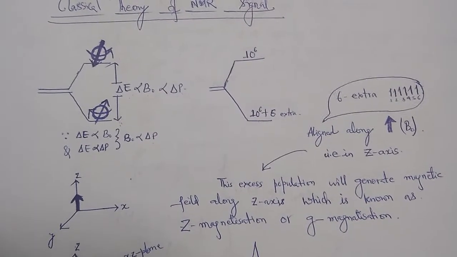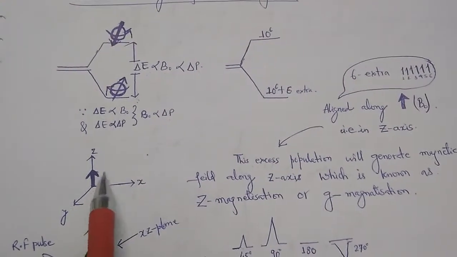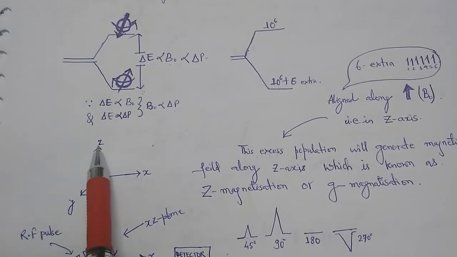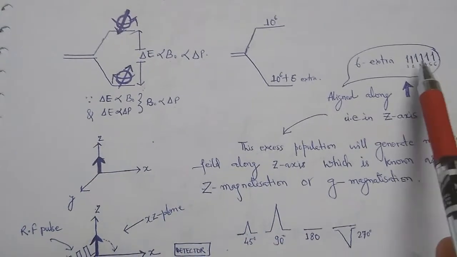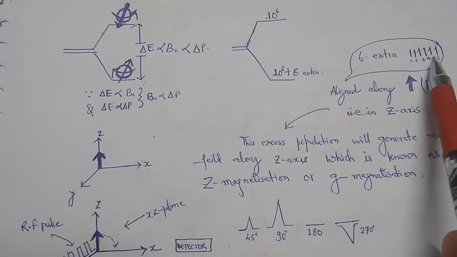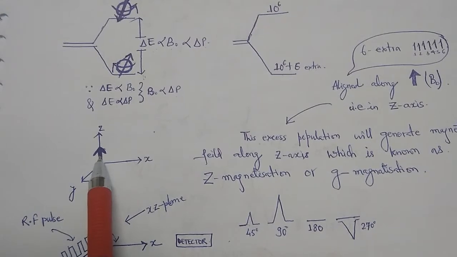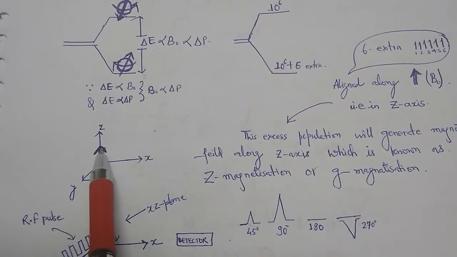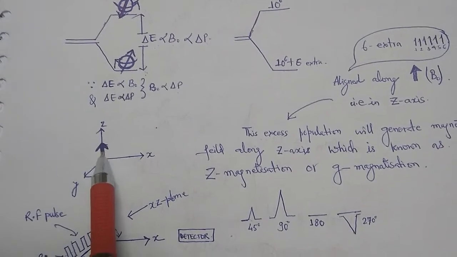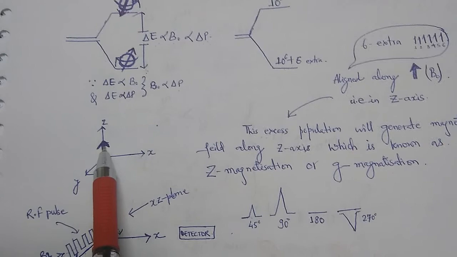Let us understand this with the figure. This is the X coordinate, Y coordinate and the Z coordinate. All these 6 spins are aligned to the Z axis, which is denoted by the thick line over here. Now all these spins are aligned to the Z direction.